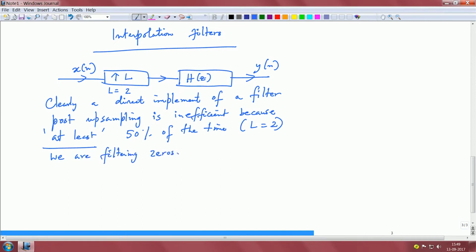The rest of the time you may have some zeros, but at least 50% of the time, since you have inserted zeros, you are basically filtering the zeros through this filter.